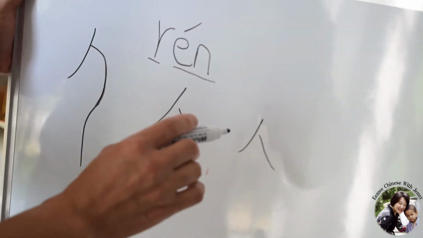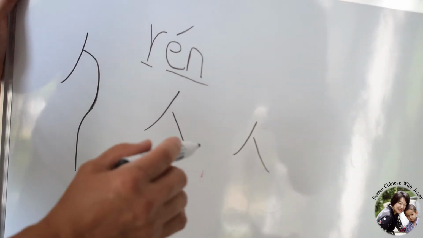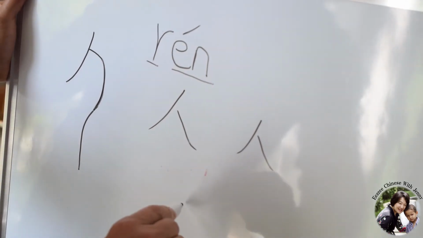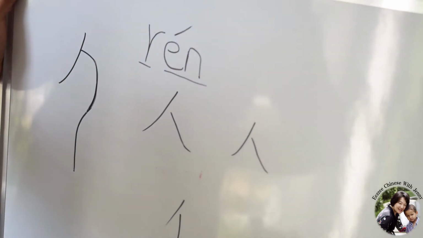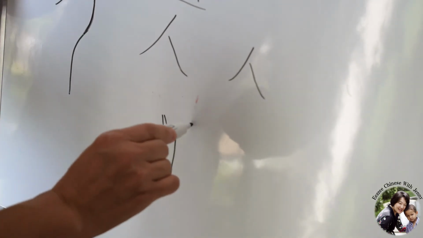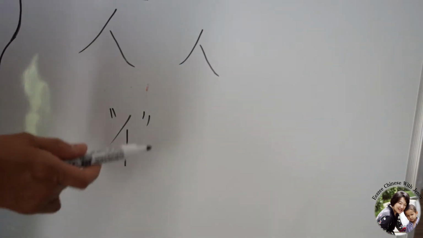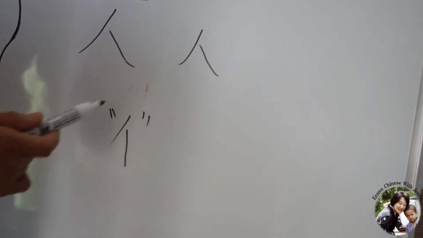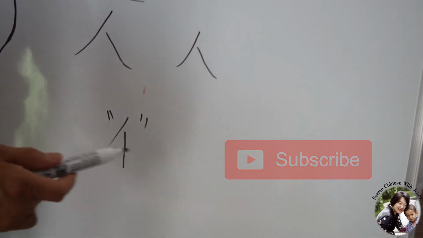But when it's part of a character, or you call it a radical of a character, it is simplified like this. 1, 2. So any character you see in the future with this as a part, it's always related to people, humans.